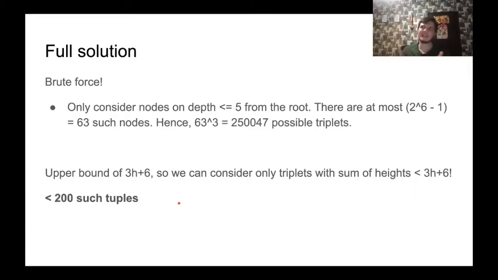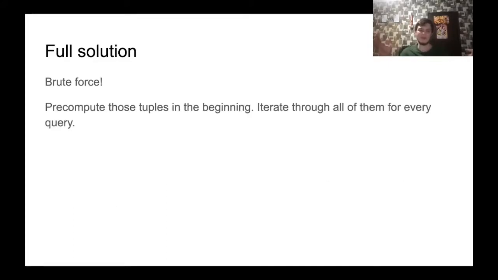To prove this, you need to consider different cases, because you can basically enumerate all cases as the depth is quite small. But this is slightly annoying to implement, so probably the best way to implement the solution would be to pre-compute all tuples in the beginning, as if you have a very large tree.